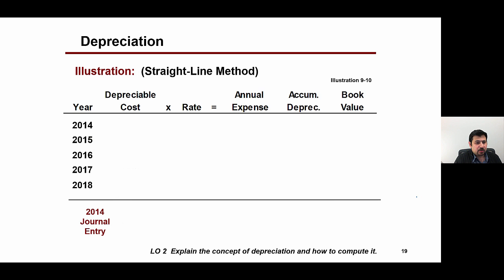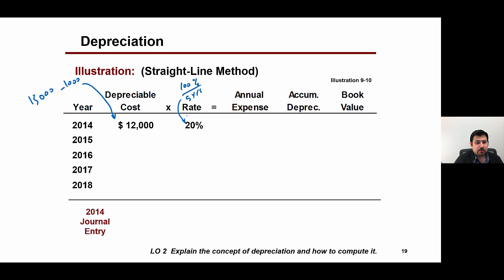Let's see how this plays out. The depreciable cost, once again, is 13,000 minus the salvage value of 1,000. That would be 12,000. We multiply it by the depreciation rate, which is 20%. Again, this is 100% divided by 5 years.